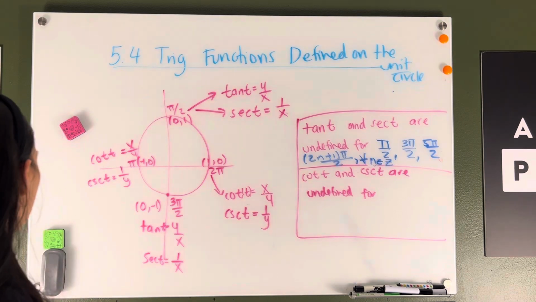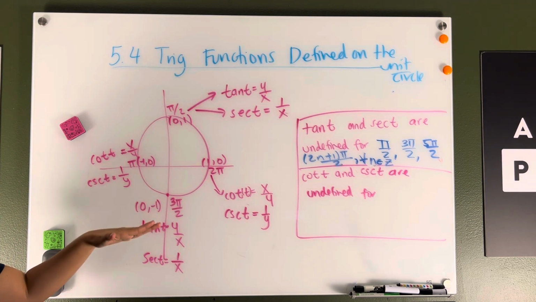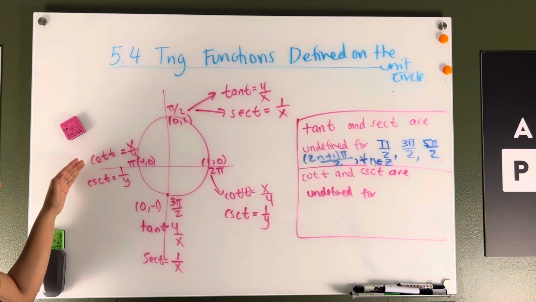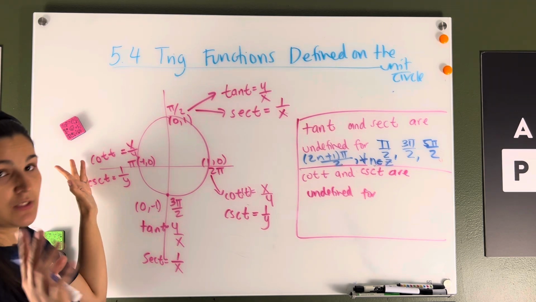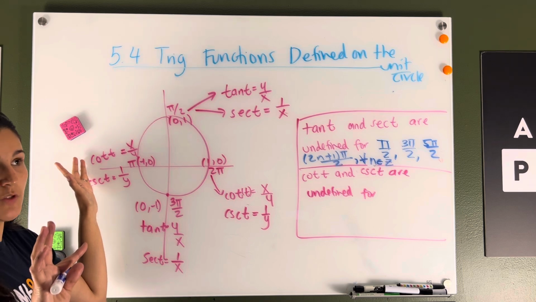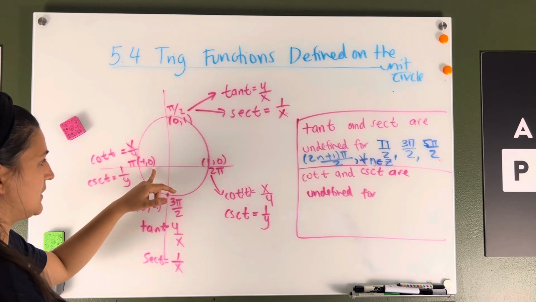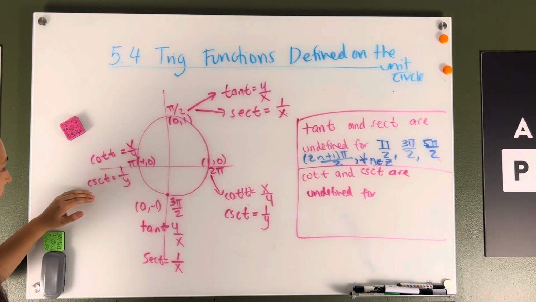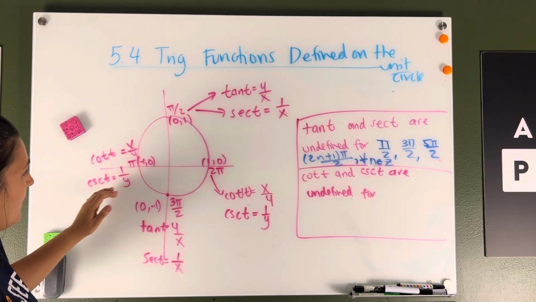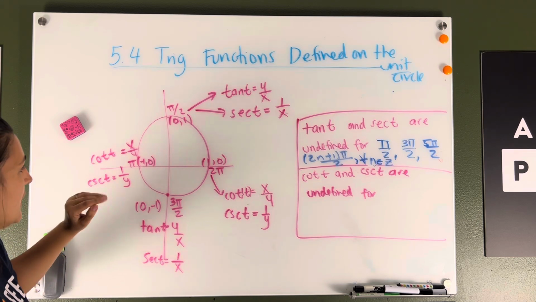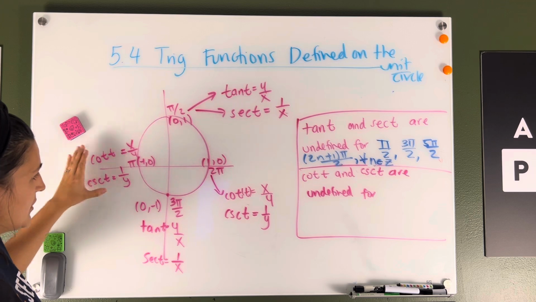Okay, and then similarly over here, whenever we are at pi and 2 pi and we want to get the cotangent, remember cotangent is the opposite of tangent, so it's going to be x over y. So that would be negative 1 over 0, which is undefined. Also, cosecant, which is 1 over sine, would give us an error because 1 over 0 is undefined. This happens over here at pi, and it also happens for these functions at 2 pi.